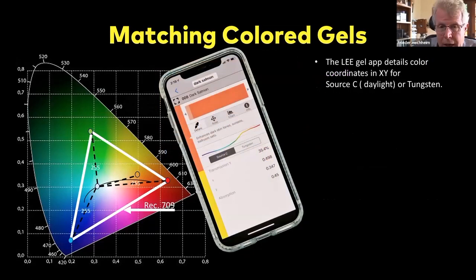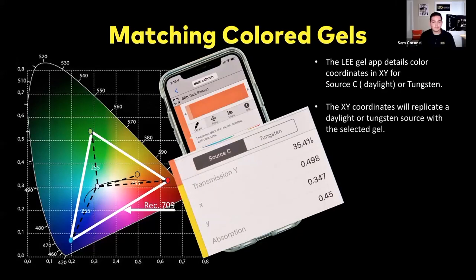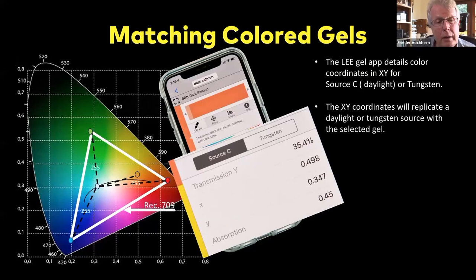Now, another way of looking at it is through XY, and Lee has an app where they actually give you XY coordinates. Since you can either plot this in daylight or tungsten, in their case they're saying, okay, we're going to give you source C as daylight and the tungsten setting. So when you go over here and click tungsten, it'll change these numbers.